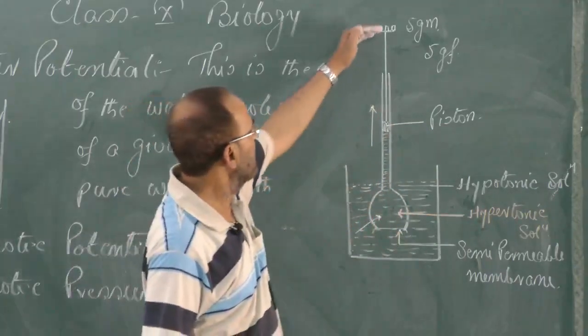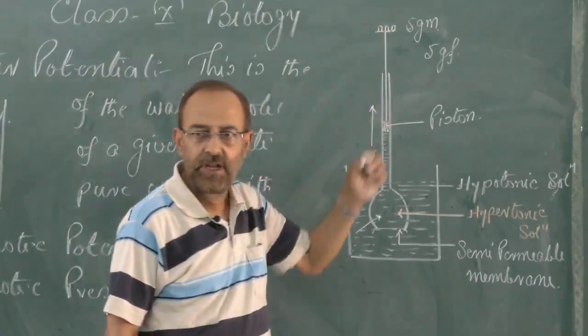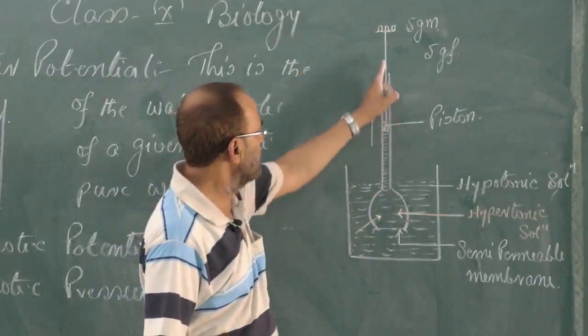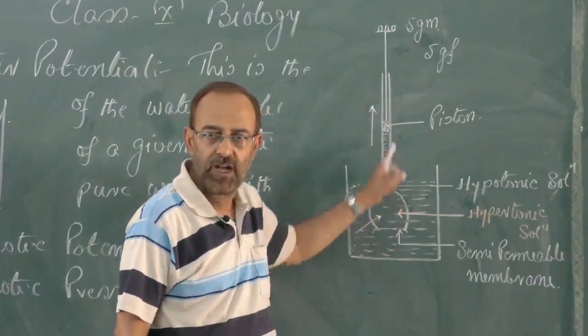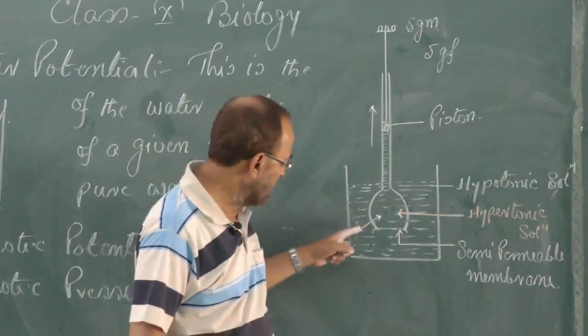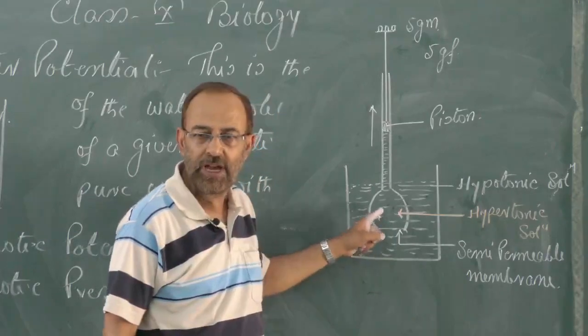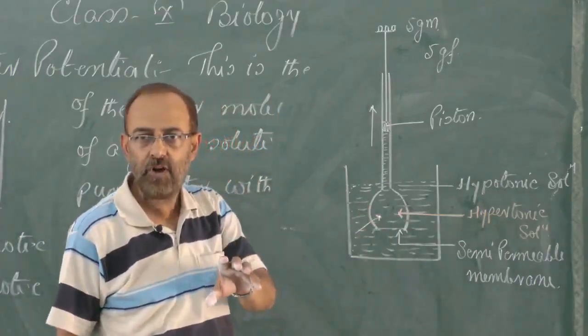So, initially when there was no weight on the platform of this piston, there was a gradual rise of the piston through the neck of the thistle funnel, as there was continuous inflow of water from the outer hypotonic to the inner hypertonic solution by the process of osmosis.